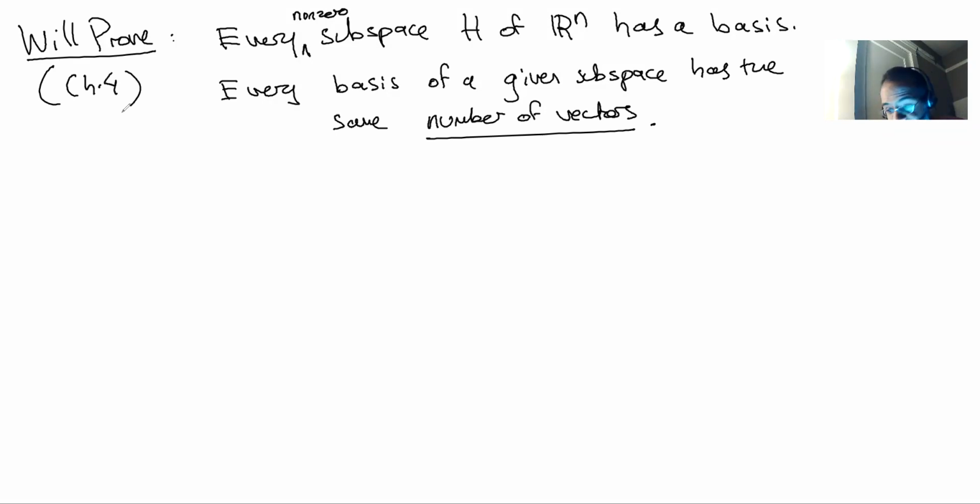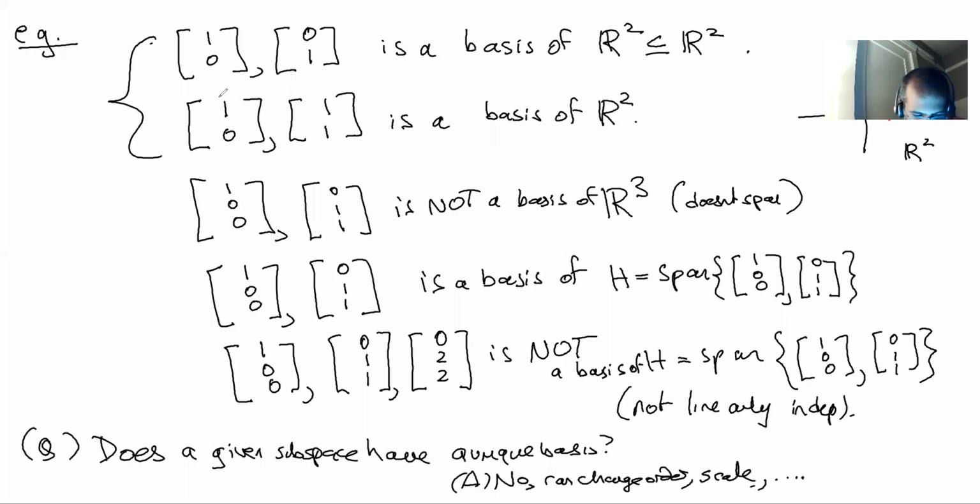But this is a very important fact that even though there are lots of different bases, they all have the same number of vectors. We'll prove that later. It's not completely obvious. So, for example, it's not a coincidence here that the two different bases of R2 both had two vectors.